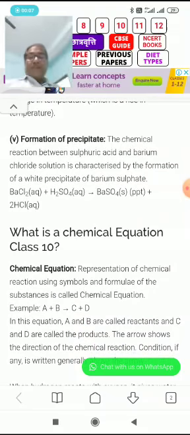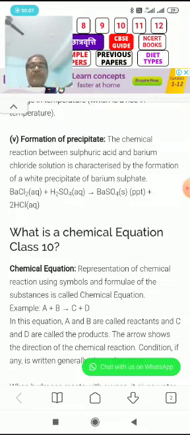A chemical equation is the symbolic representation of a chemical reaction by using symbols and formulae of the substances involved in it.